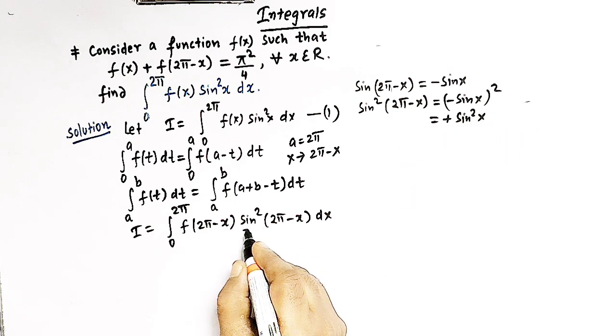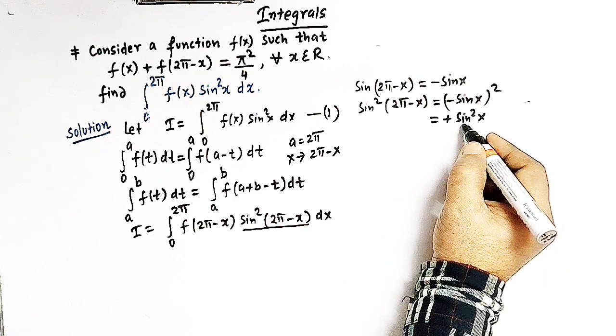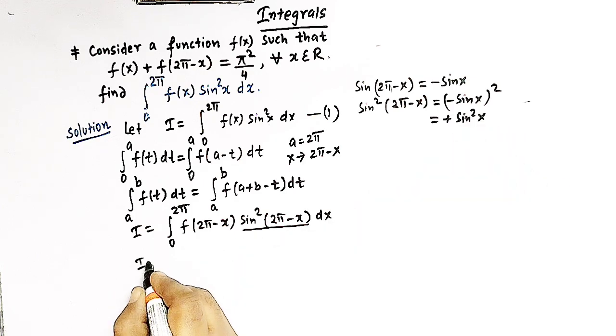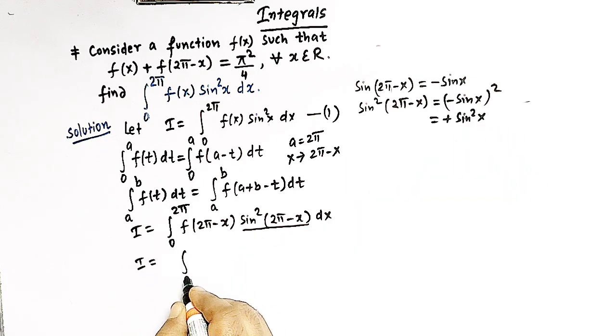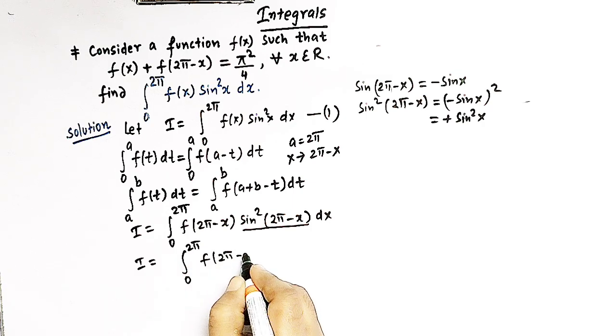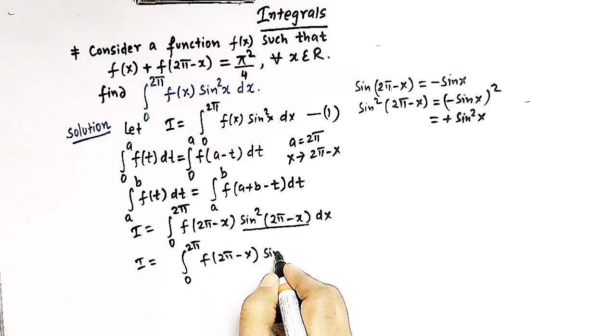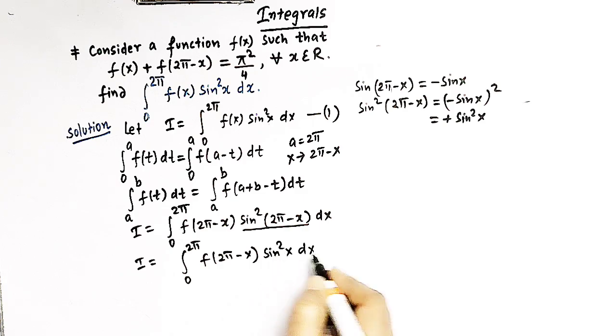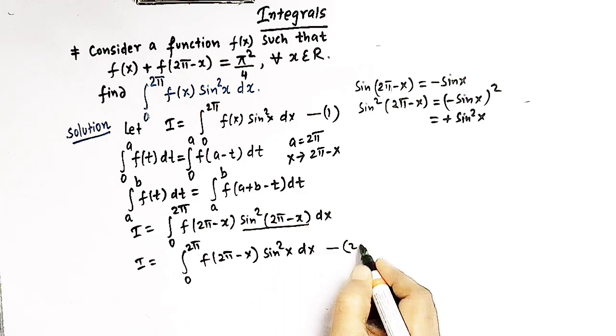So here we can replace this term by sine square x. So we have now I is equal to integral 0 to 2 pi, f of 2 pi minus x, and here we have sine square x dx. So let us call this integral 2.